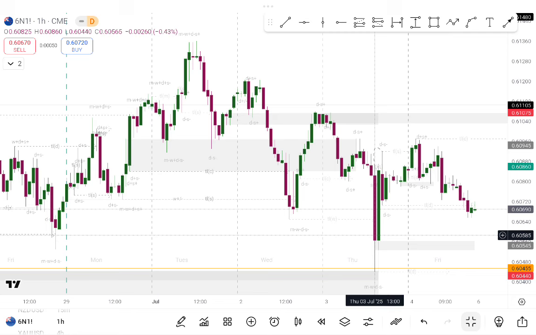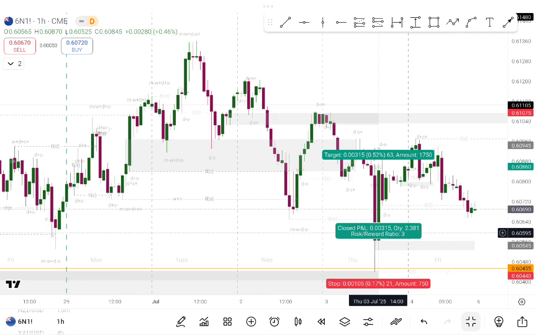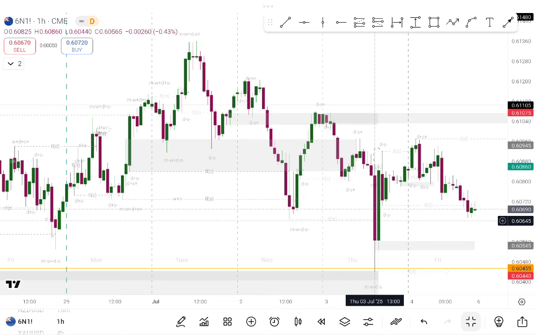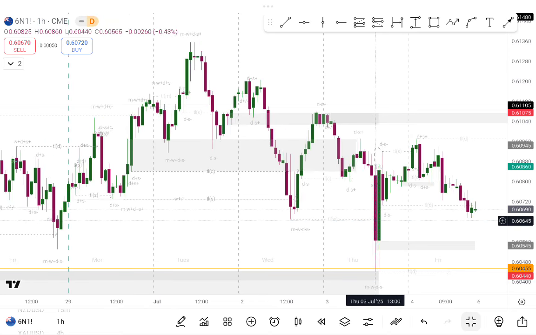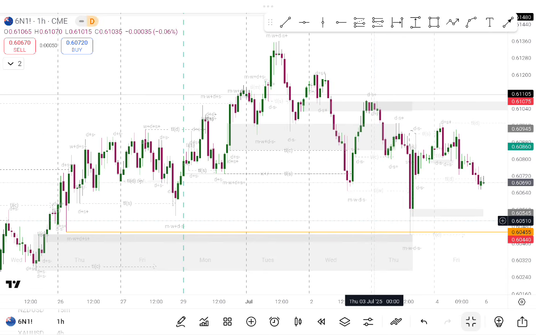Once it closes above the lowest low that I took out, that's a sweep. So majorly, I'm looking for a sweep. That sweep will help me know that they have started the buy from within this zone. Price started the zone and buy has started.